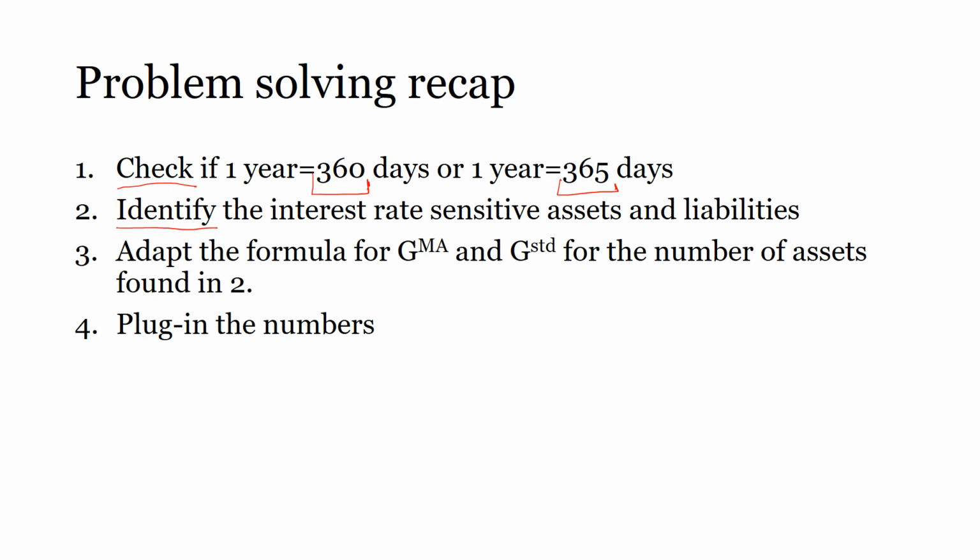Once you have done that, you have to adapt your formulas. Well, this is a bit tricky if you're not familiar with symbolic math, but I gave you in this video and the previous one 2 examples. So here you have 3 assets, 3 liabilities. In the previous you have 3 assets and 2 liabilities.